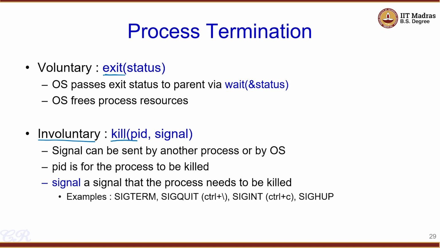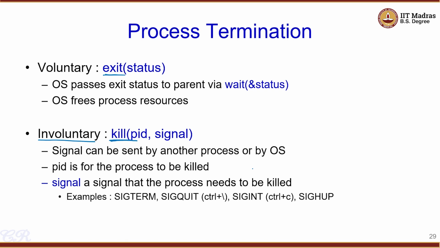And the second way is by the system call called kill, which essentially would send a signal from another process to kill or to terminate a specific process, right? So, a signal can be sent by another process or by an OS to terminate a specific process.